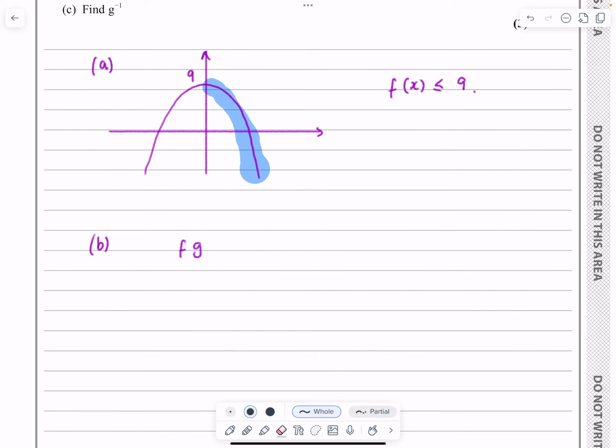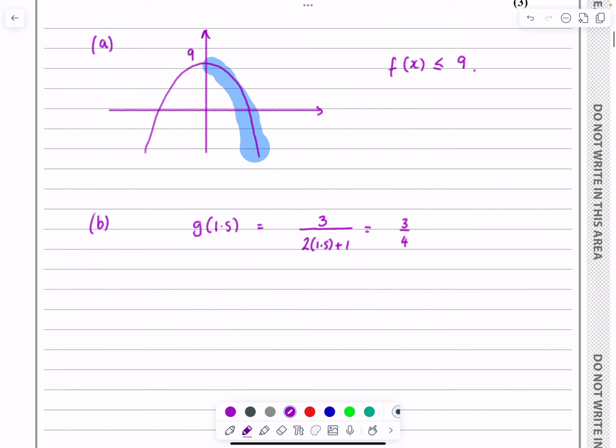So here, if we're doing fg(1.5), actually what I'm going to start off is g(1.5). So that's putting 1.5 into g. Remember 3 over 2x plus 1. So that works out to be equal to 3/4.